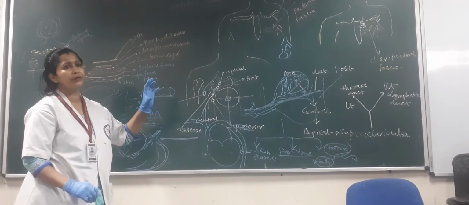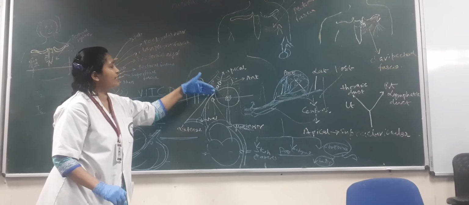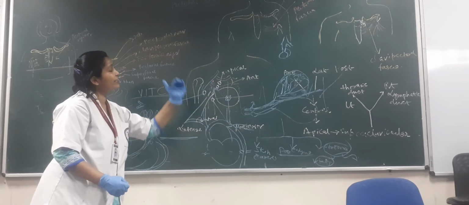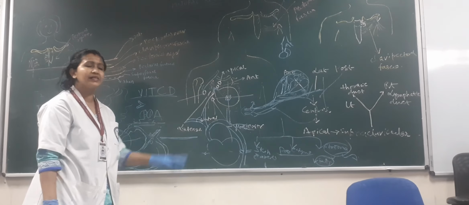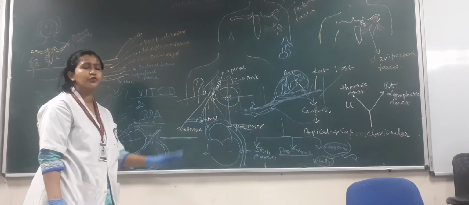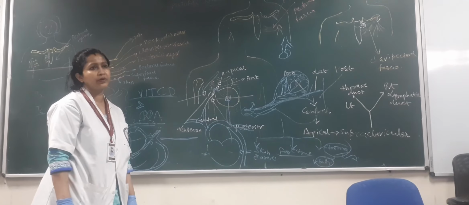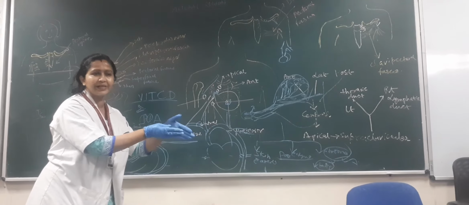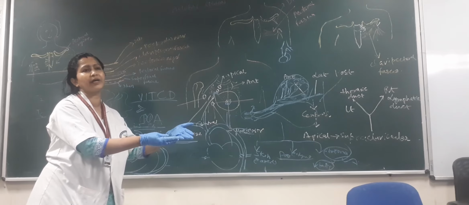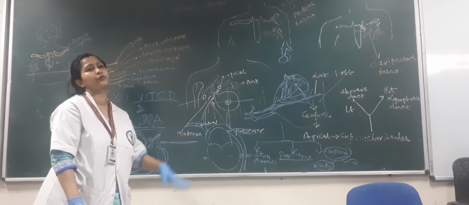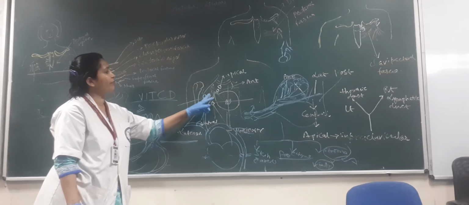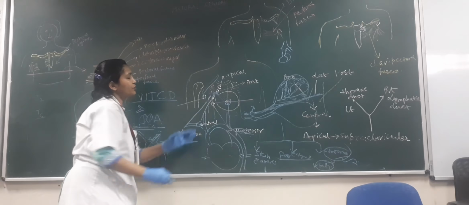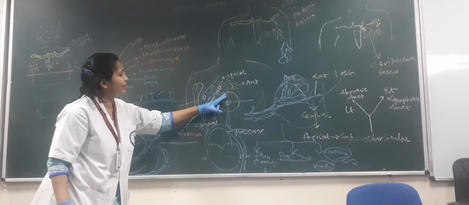The axillary lymph node which lies in between the pectoralis minor and major, or you can say anterior to the pectoralis minor, is the anterior group, also known as the pectoral group, because it lies in between the two pectoralis muscles, that is pectoralis major and the pectoralis minor. Here in red color I have shown this pectoralis minor muscle.